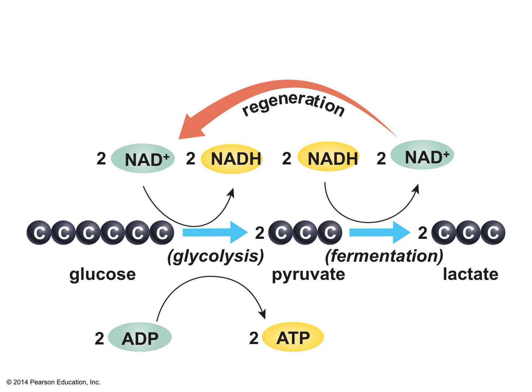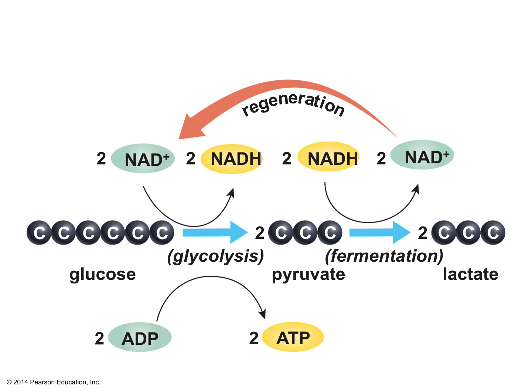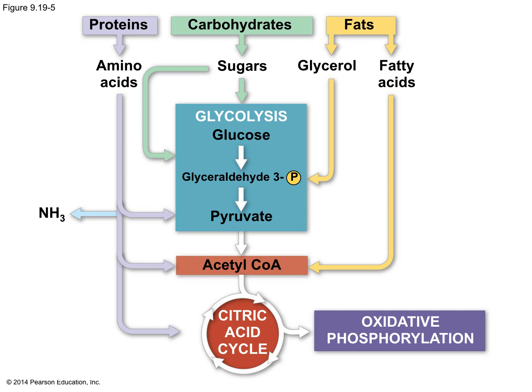So that is the summary of fermentation in the human body and also fermentation in other organisms like yeast and so on. And that's the basics of what I want you to know for fermentation.